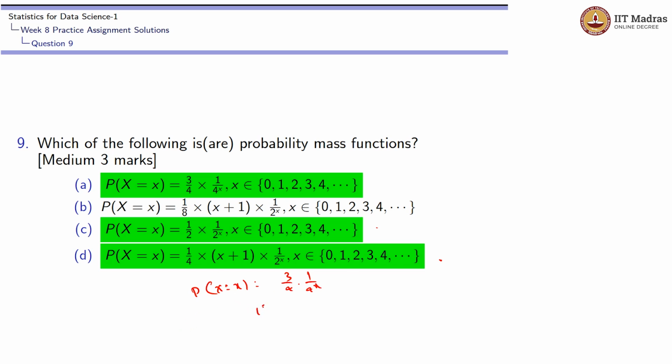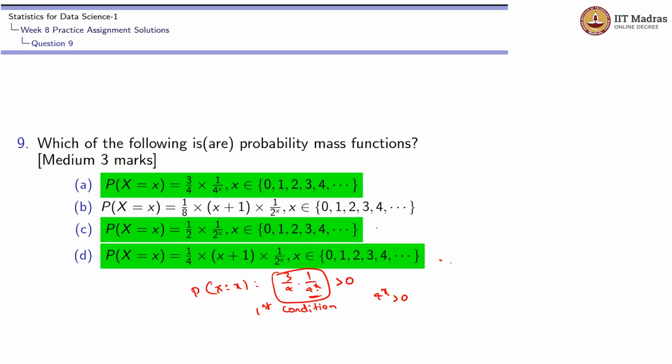For it to be a PMF, the first condition is that each of them should be greater than or equal to 0. For each of these P of x, it should be greater than or equal to 0. We know that 4 power x is always greater than 0. So 3 by 4 into 1 by 4 power x will be greater than 0.